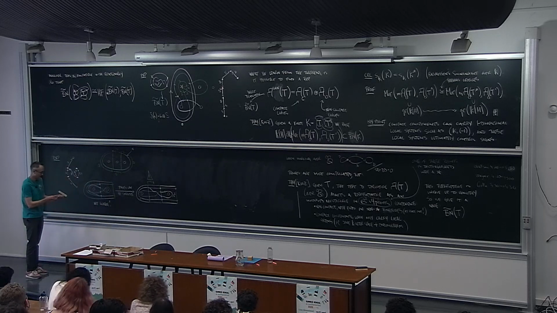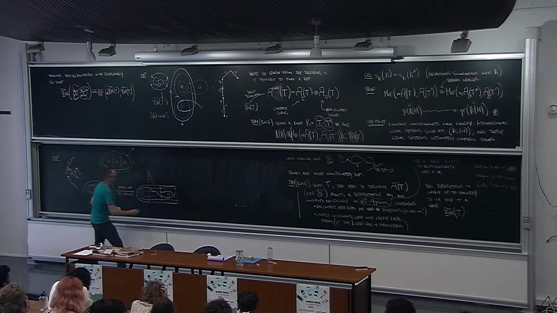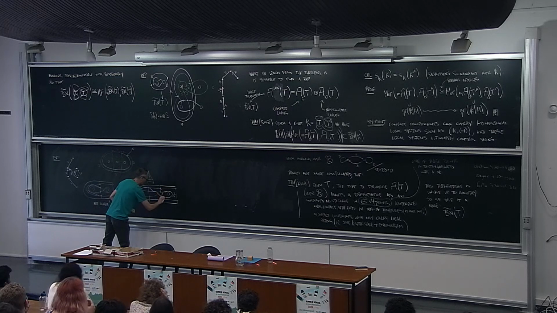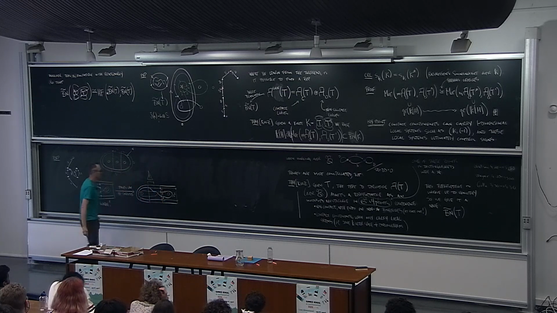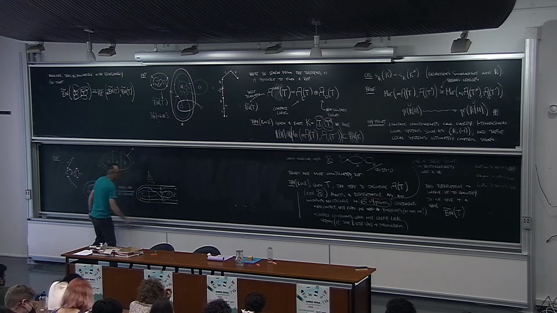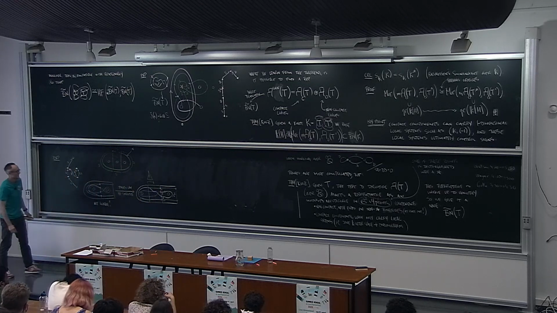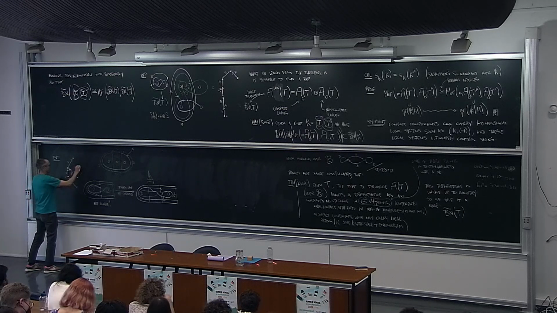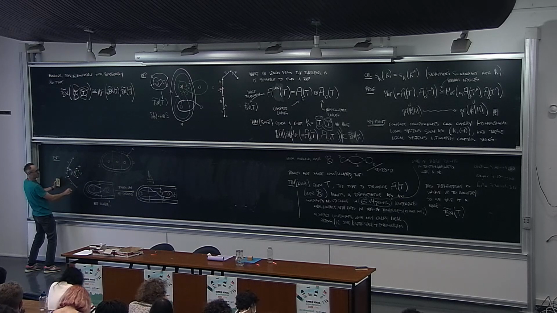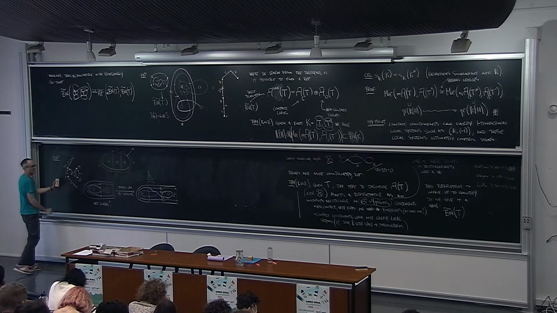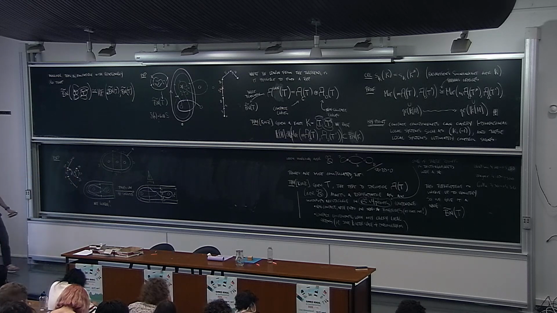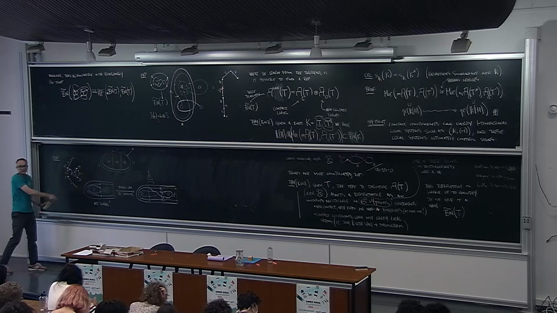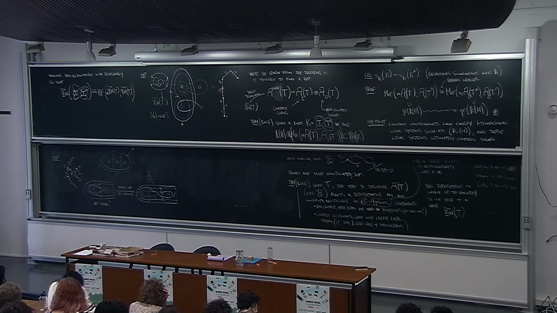Let me now label things: x, y, z, and w in this particular representative here. So that, if I'm being careful, this is x, y, z, w. And I haven't given names to these open idempotents.